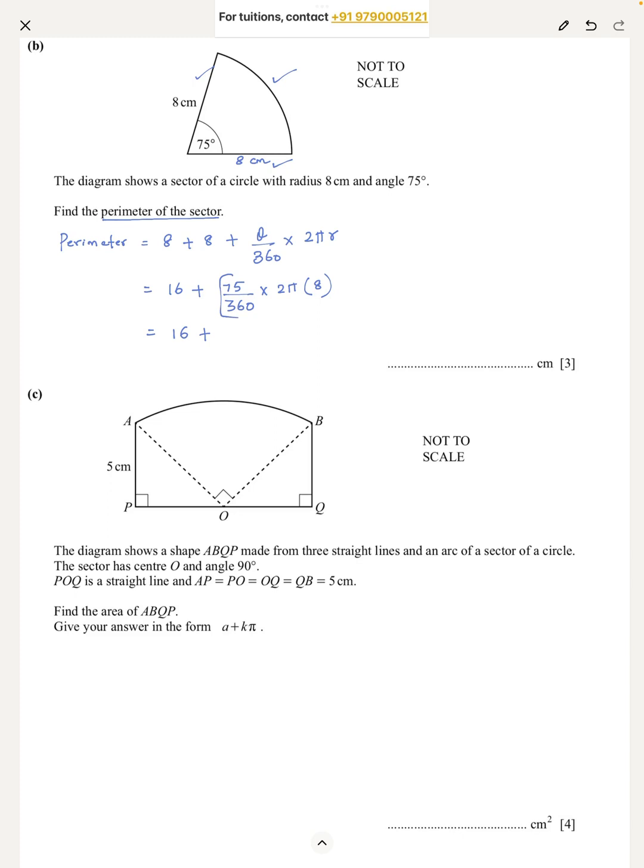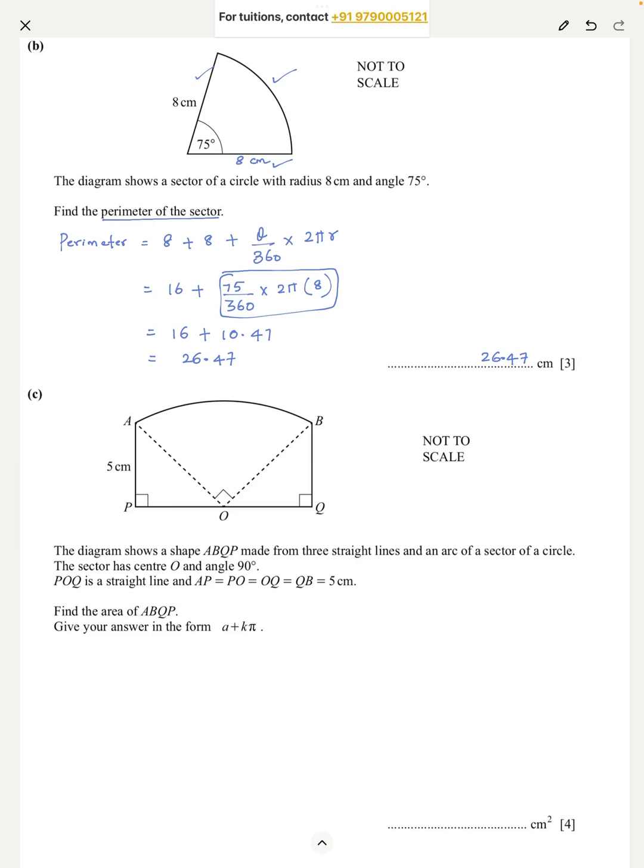For this expression entirely, if we use the calculator, I get 10.47. So on addition, it becomes 26.47. So perimeter is 26.47. Next question.